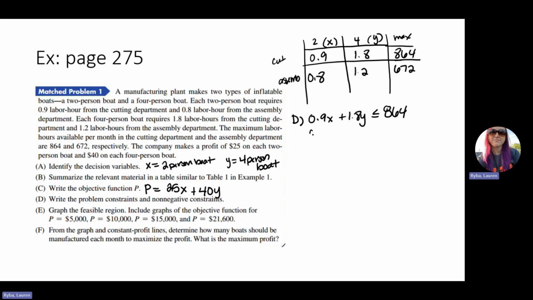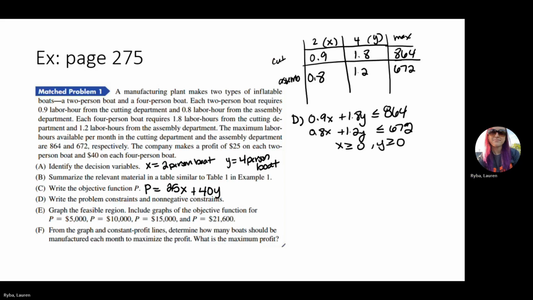Second row is 0.8x plus 1.2y less than or equal to 672. Lastly, we have x has to be greater than or equal to 0, and y has to be greater than or equal to 0 because we cannot have negative boats being sold.